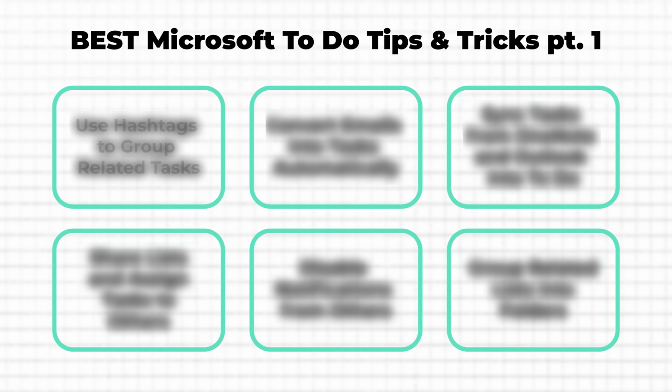So let's get started. When your to-do list starts expanding across multiple projects, clients, or departments, it becomes harder to spot connections between tasks. You might miss something, not because you didn't write it down, but because it's buried in the wrong list or hidden in plain sight. That's exactly the situation I found myself in, until I discovered a simple workaround: using hashtags.